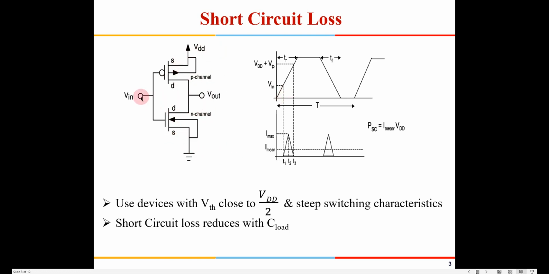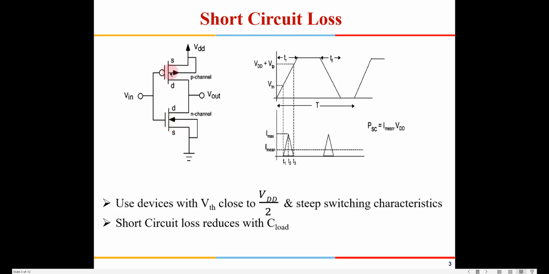Initially the input is 0, so the NMOS is off and the PMOS is on, so there is no current flowing, only negligible static leakage current. As the input goes up nothing would happen, but the moment the input crosses 0.6 volt, the NMOS will be switched on.